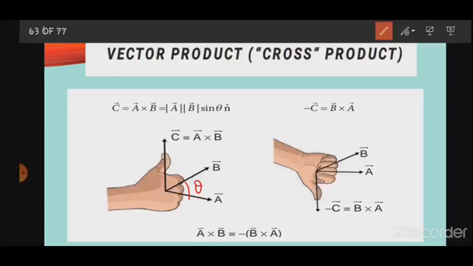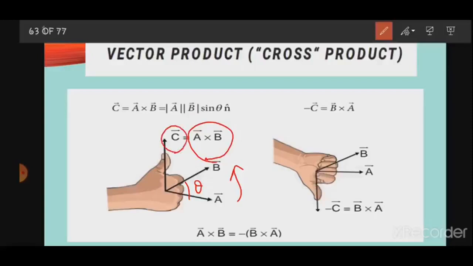If a right handed screw whose axis is perpendicular to the plane formed by A vector and B vector is rotated from A to B through the smaller angle between them, then the direction of advancement of the screw gives the direction of A vector cross B vector, that is called C vector.